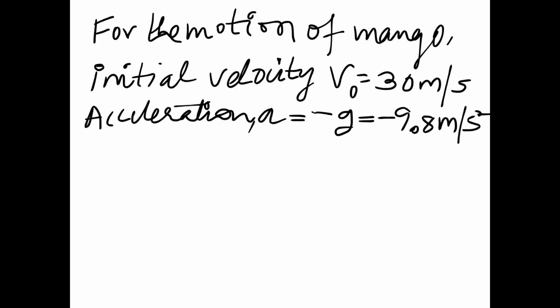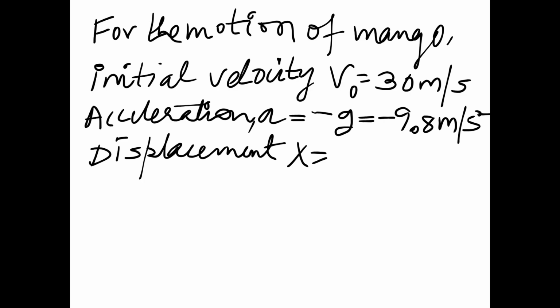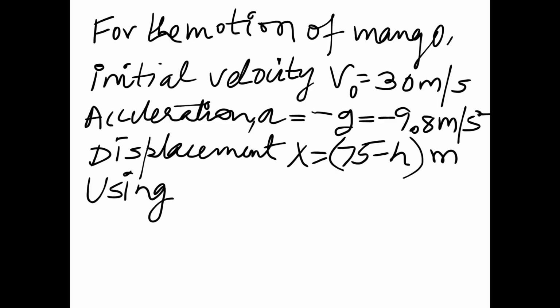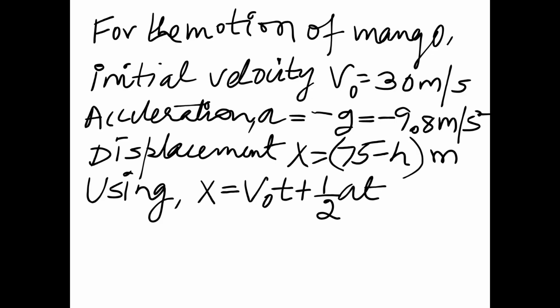Then what about displacement? It is x, that we already have in the diagram, 75 minus h meters. This is the displacement. So again we will use the same equation, x equal to v naught t plus half a t square.